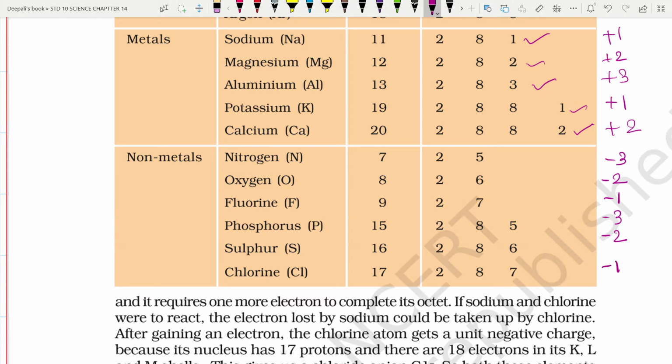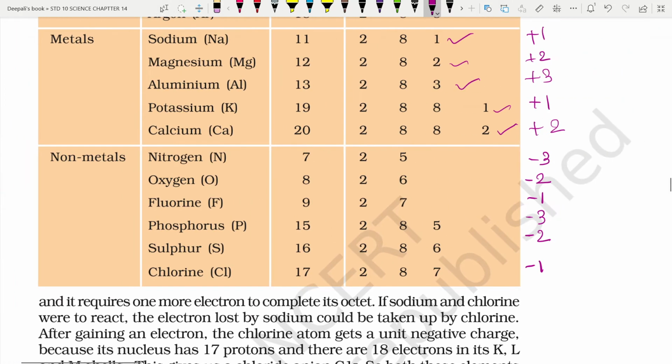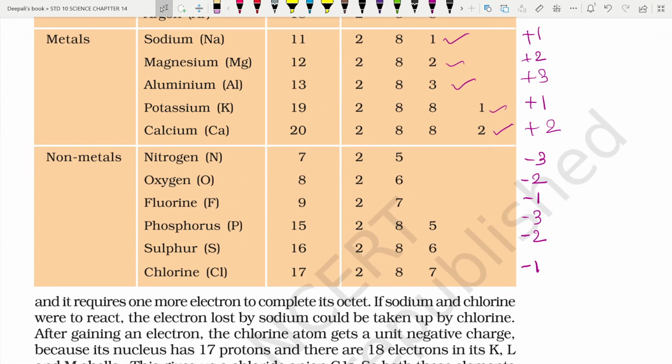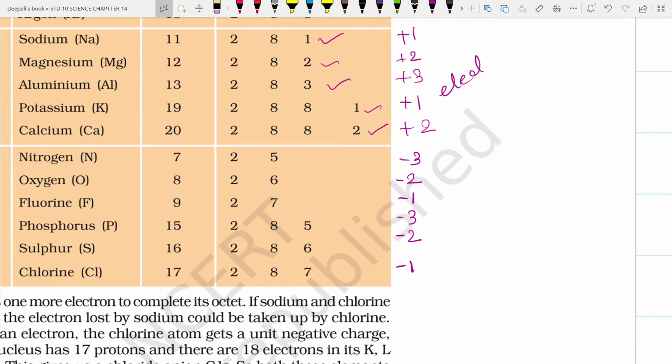So we can see that the metals always form positive ions, or they are electropositive, and non-metals are electronegative.